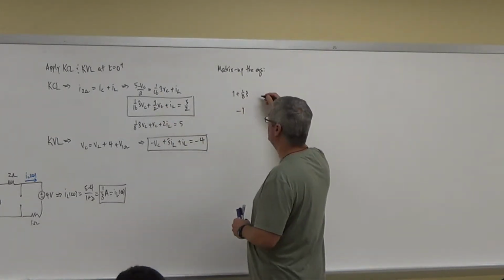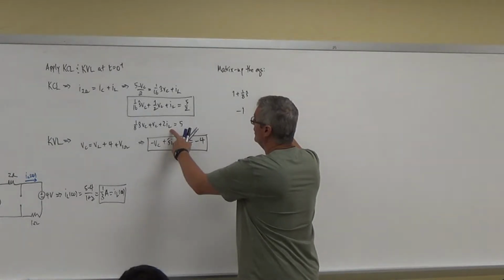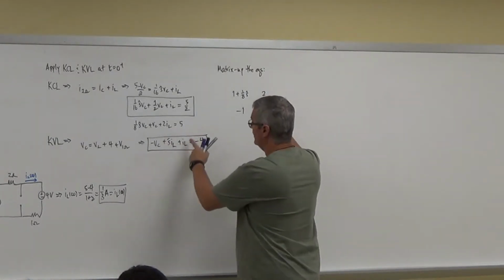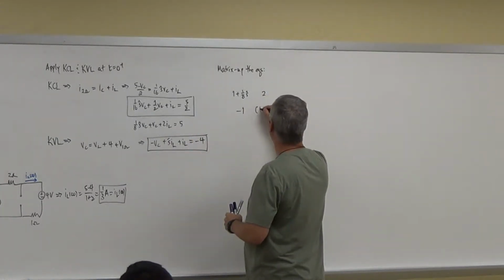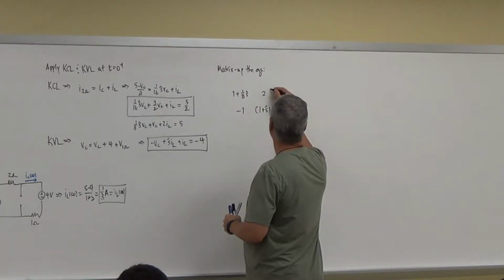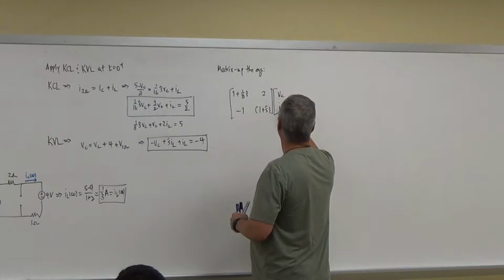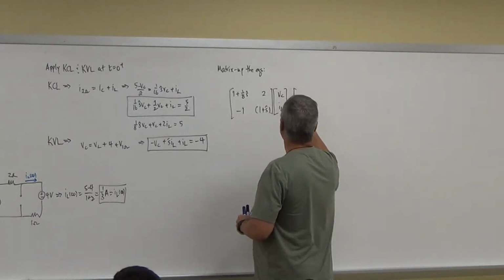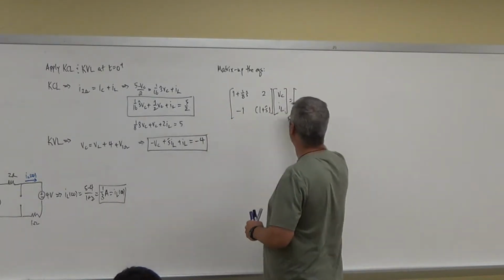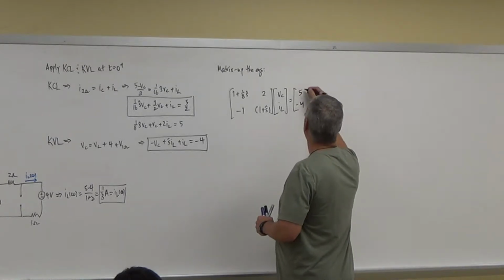The i's should be 2. This I should be 1 plus s hat. And then I'm looking for my constant terms here, which should be 5 and minus 4.